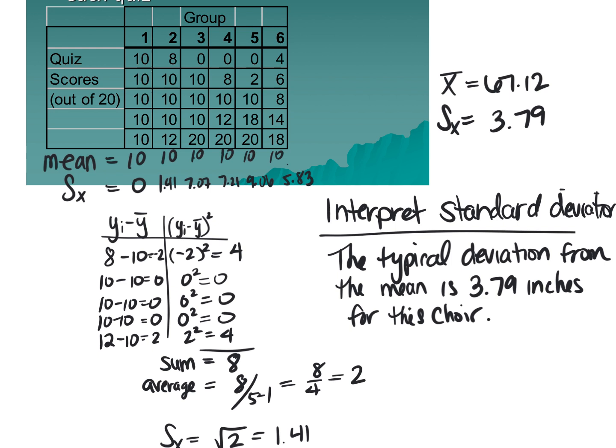You could also say, on average, the choir members' heights differ from the mean by about 3.79 inches. Okay.